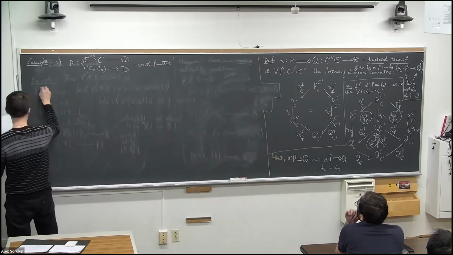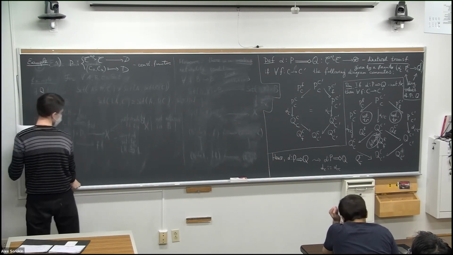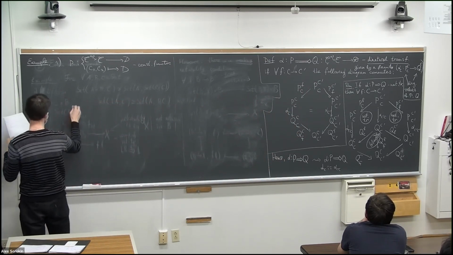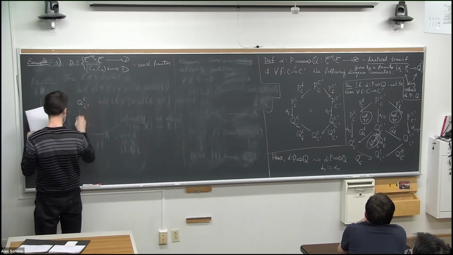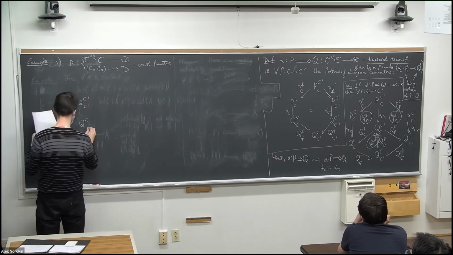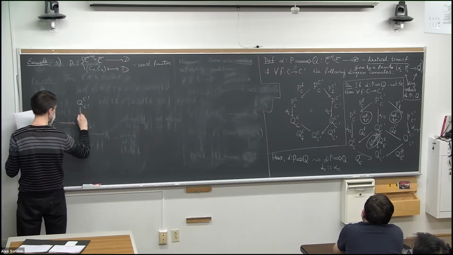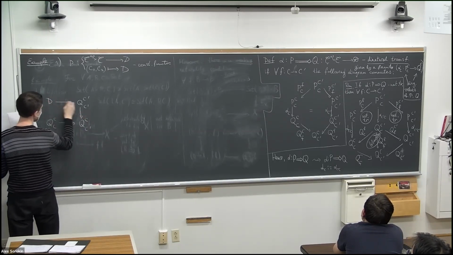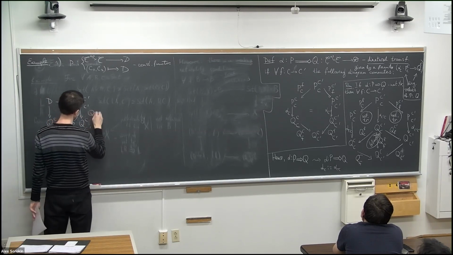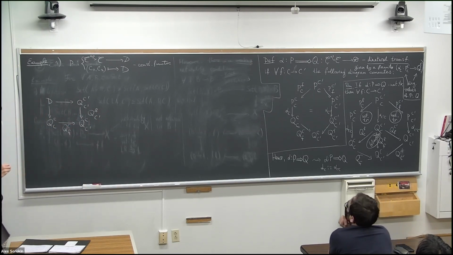So there we'll have Q, Q prime, Q C, Q C prime, here's object D. So there's Q f C prime, Q C f. And this commutes.